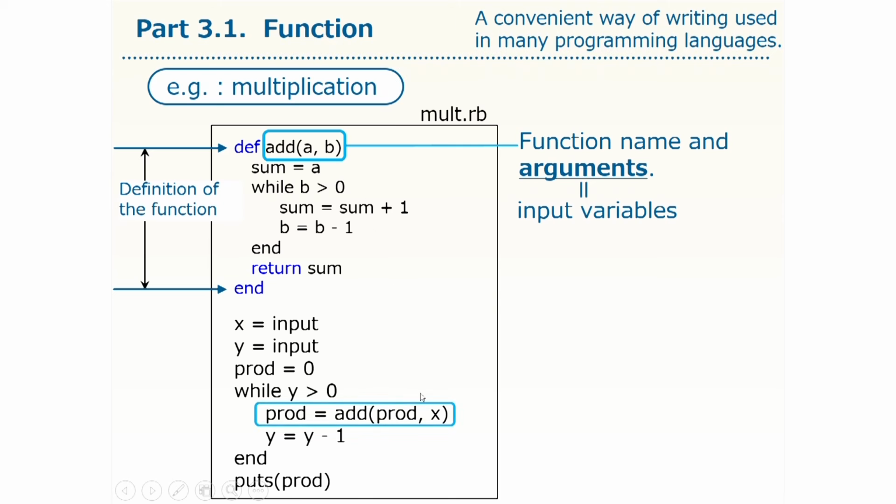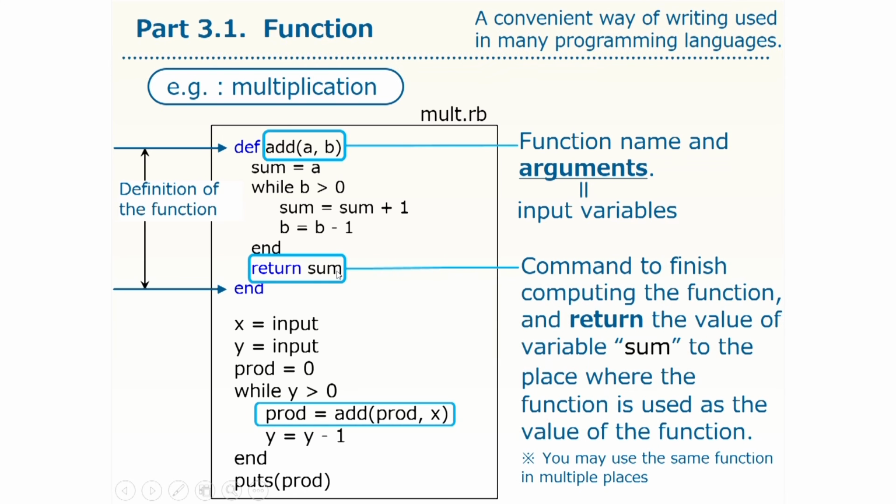For example, here, if we write add(prod, x) like this, the value of prod and the value of x are stored in a and b, respectively, and the computation stated here is executed. As we have studied, these are statements for computing the addition, the computation that this function is supposed to do. The last statement here is the return command.